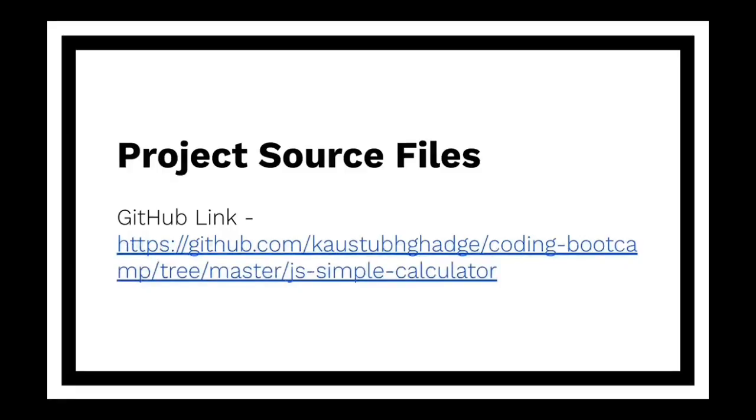The project source files are available on GitHub. If you remember, we discussed in session 1, Git is a source control, but GitHub is a place where we can store our source code. So I have this GitHub page, and you can access this project's source files over there. You can download it, and you can use it for your review.